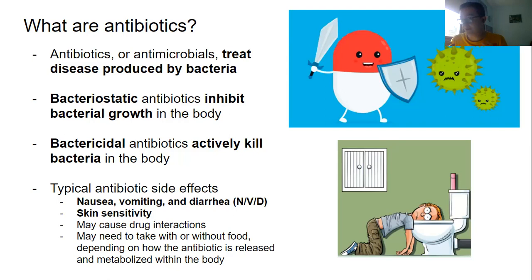It's important to recall side effects don't happen in everyone, but they maybe happen between 10 and 15% of the population who takes the drug. So say 1 in 10 or 2 in 10 that take an antibiotic might experience some type of nausea, vomiting, or diarrhea, often abbreviated as NVD.